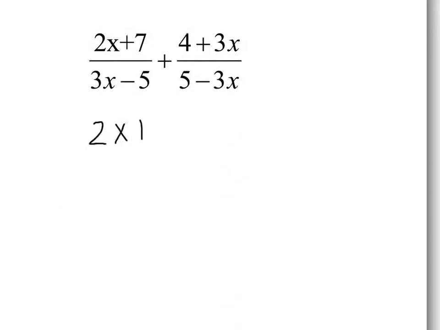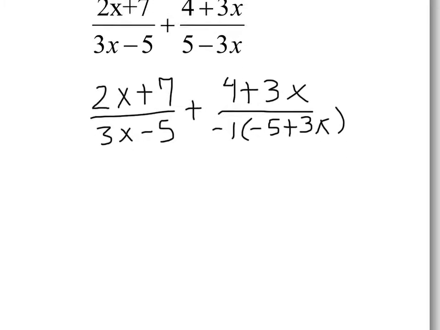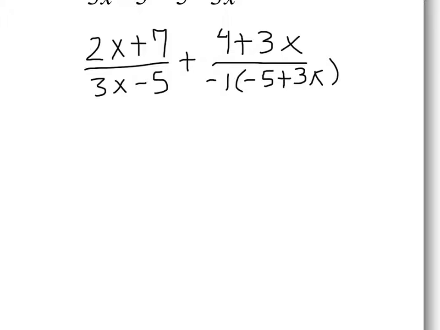So let's make this 2x plus 7 over 3x minus 5 plus 4 plus 3x over, let's factor out a negative 1. That'll give us negative 5 plus 3x, which is the same thing as 3x minus 5.